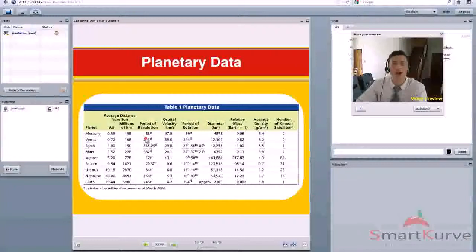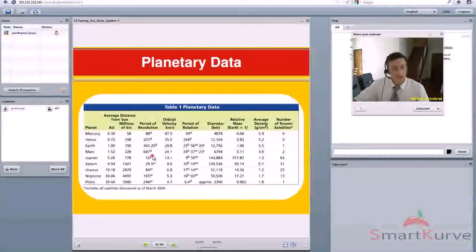And notice its velocity is much less, so Jupiter revolves much slower. It revolves about half the speed of Earth, and it takes 12 times as long to do it. Saturn, notice, again, revolves even slower than Jupiter, and because it's got a much longer path, it takes almost 30 years to go around the sun.